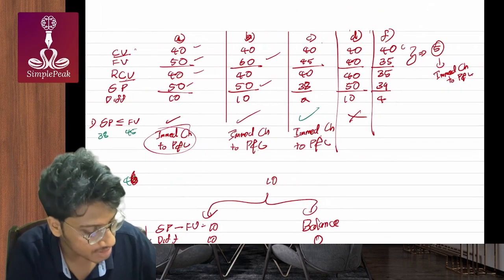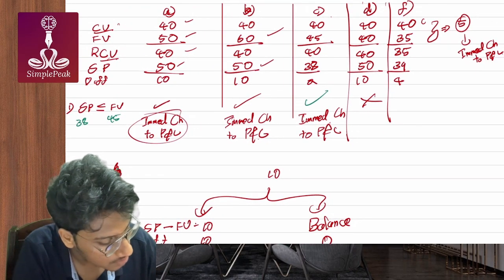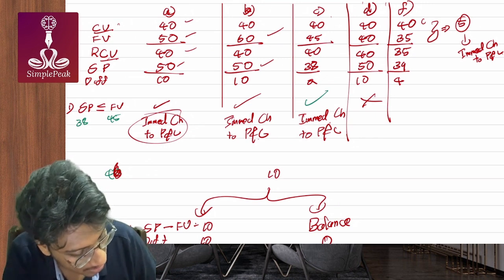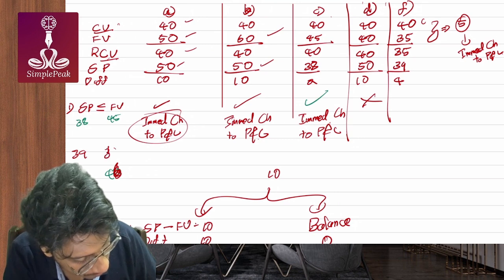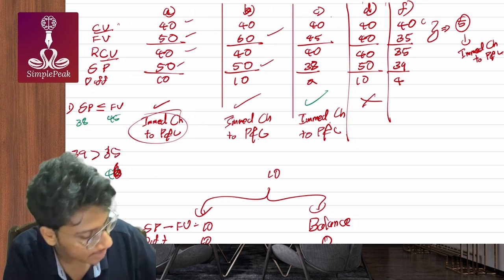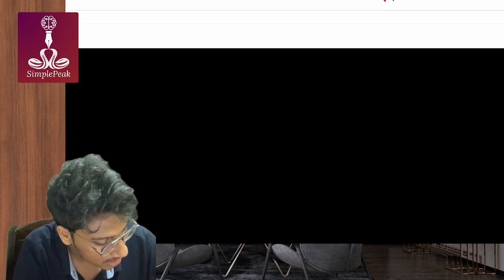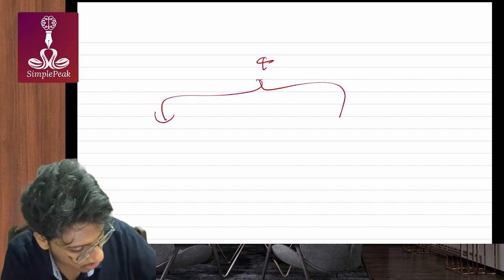This needs to be checked upon: sale price minus fair value. Sale price is 39, fair value is 35. It is greater than, so the first case is not satisfied, and you need to go with the other flow. You need to split and check.